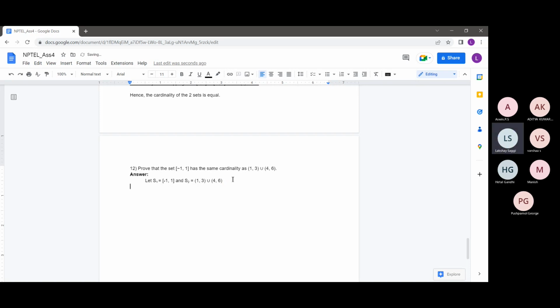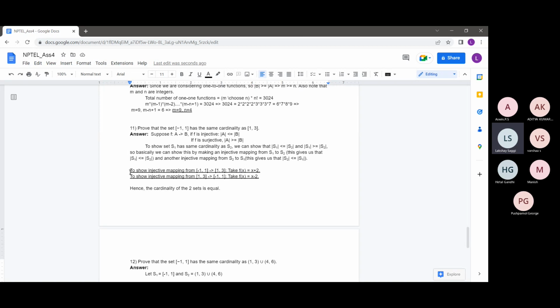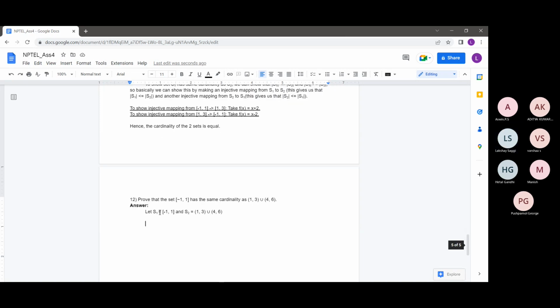So now again going through the previous question, finding an exact bijective mapping will be harder. So again taking a straightforward route, we'll try to show an injective mapping from S1 to S2.